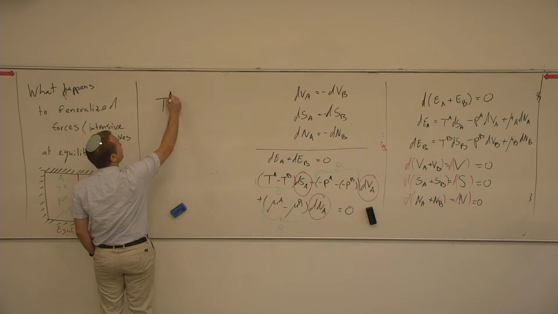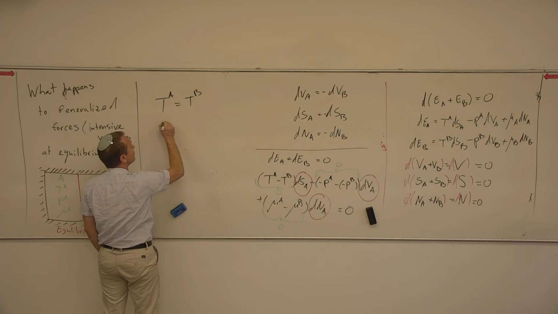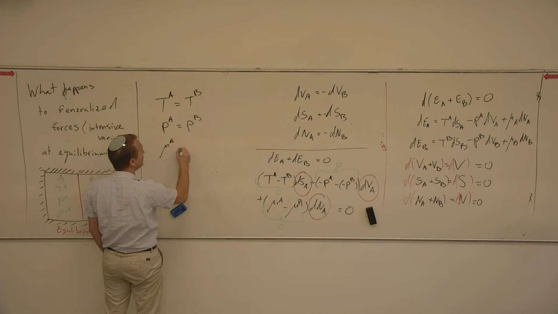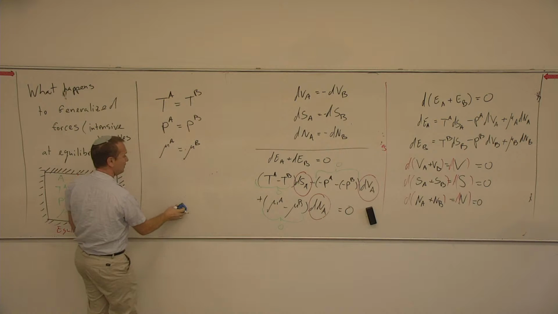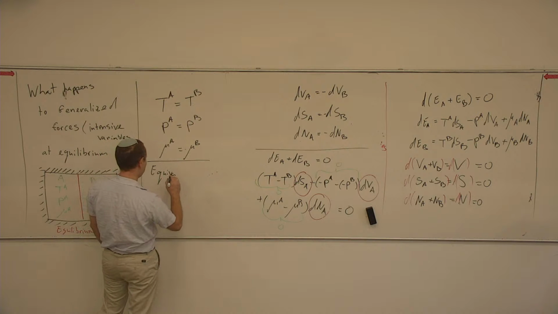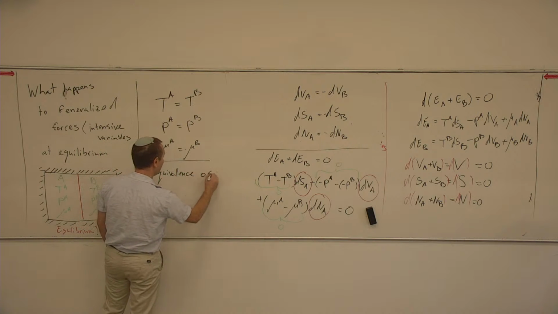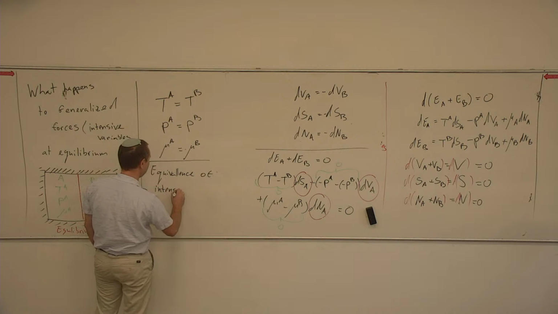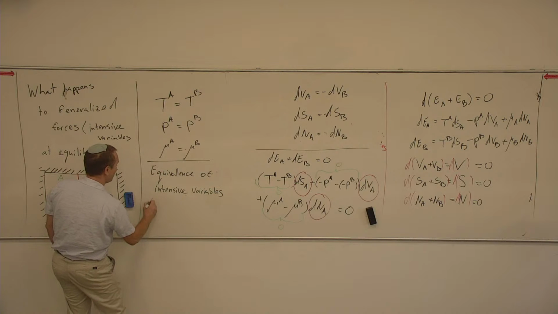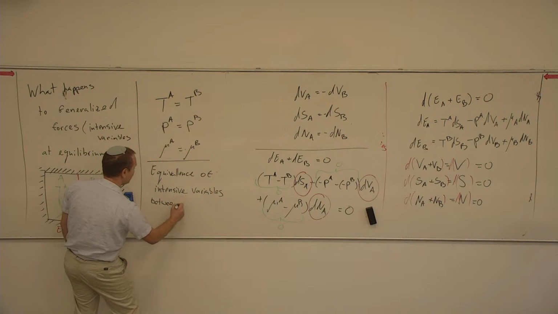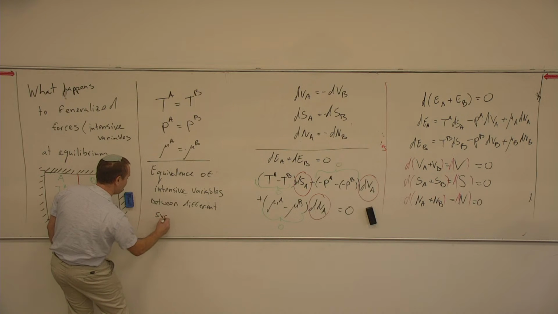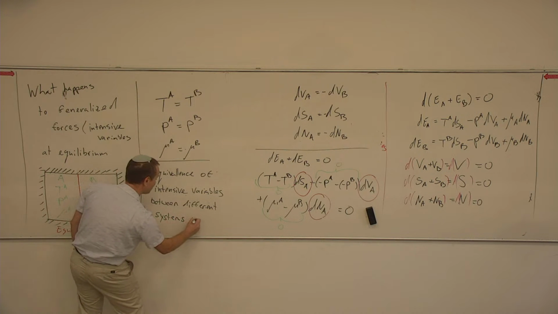So what we got? We got TA equals TB, PA equals PB, mu A equals mu B, and in general, equivalence of intensive variables between different systems in equilibrium.